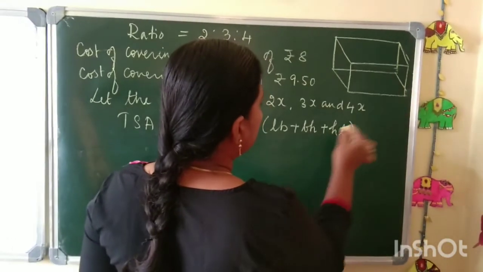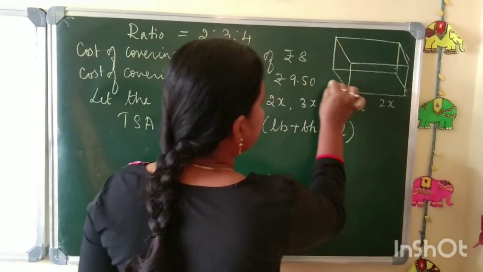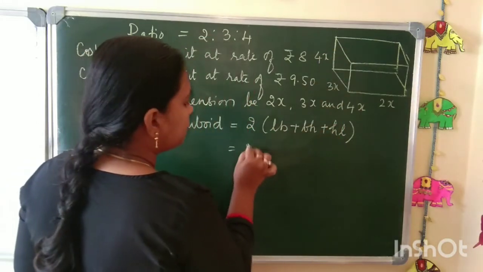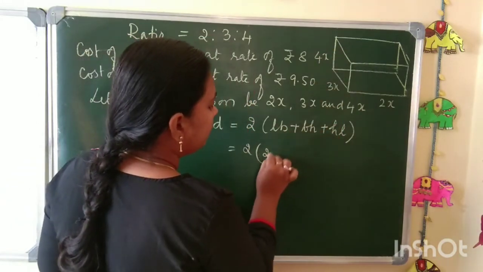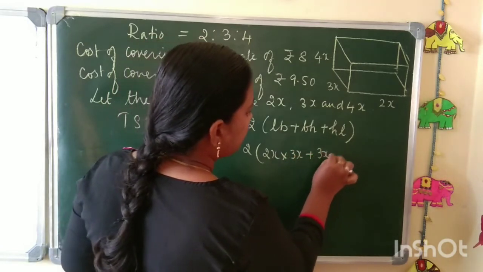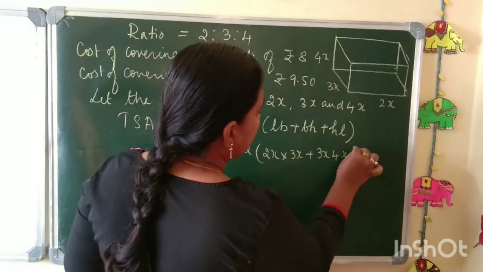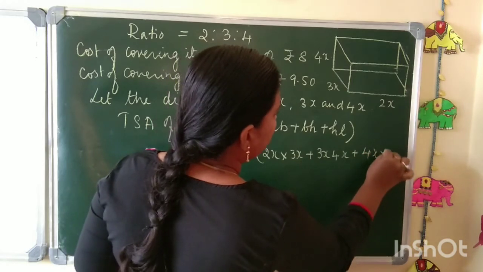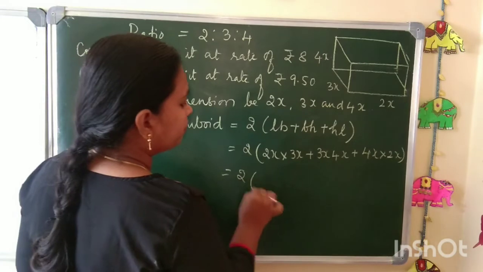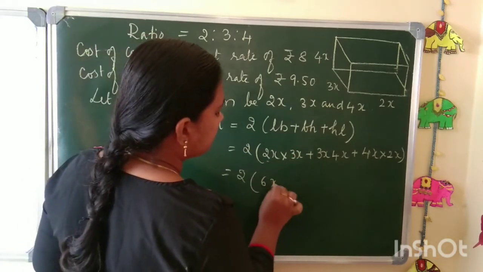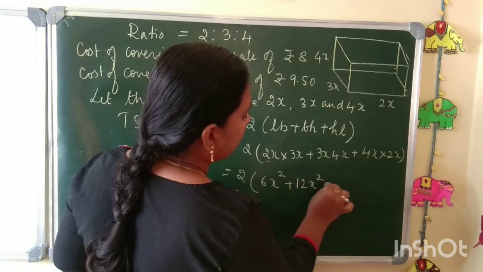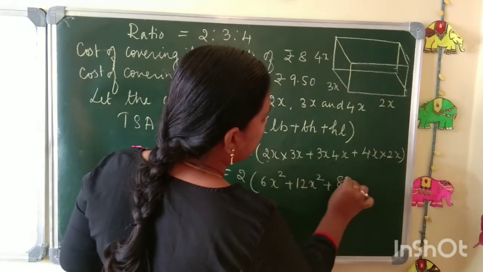So now we can take 2x, 3x and 4x. I will just substitute the values here. It will be 2x into 3x plus 3x into 4x plus 4x into 2x. So now that will be equal to 2 into 3 is 6, 6x square. 3 into 4 is 12, x square plus 4 into 2 is 8, x square.